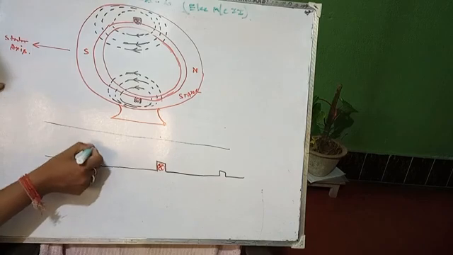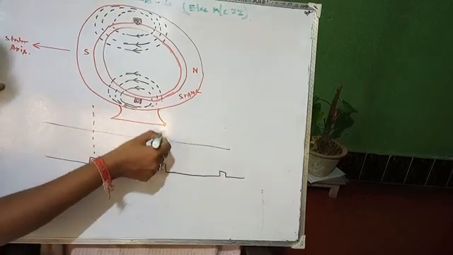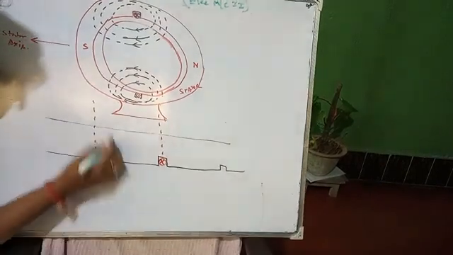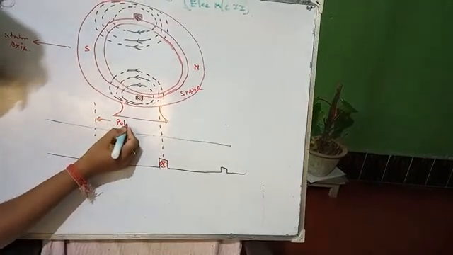The distance between two adjacent poles, or two adjacent coils, is called your pole pitch. This is your pole pitch.